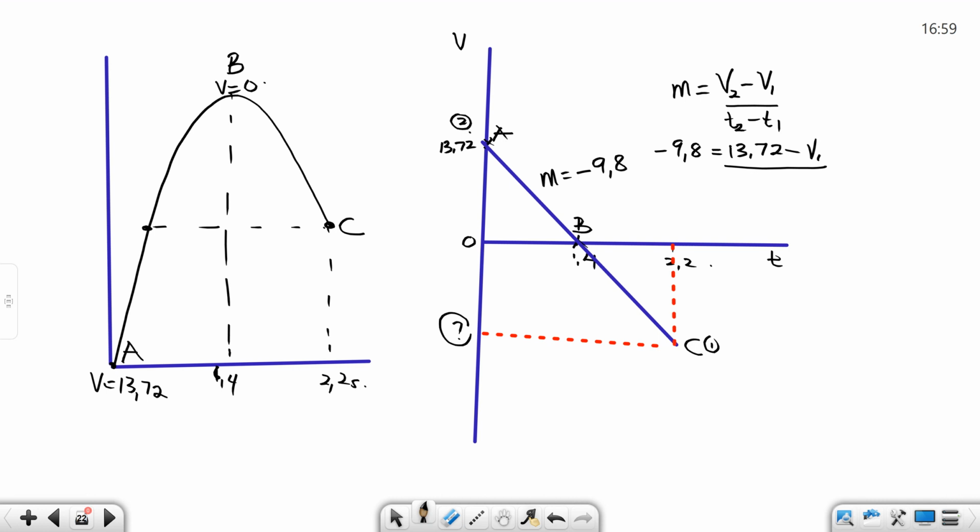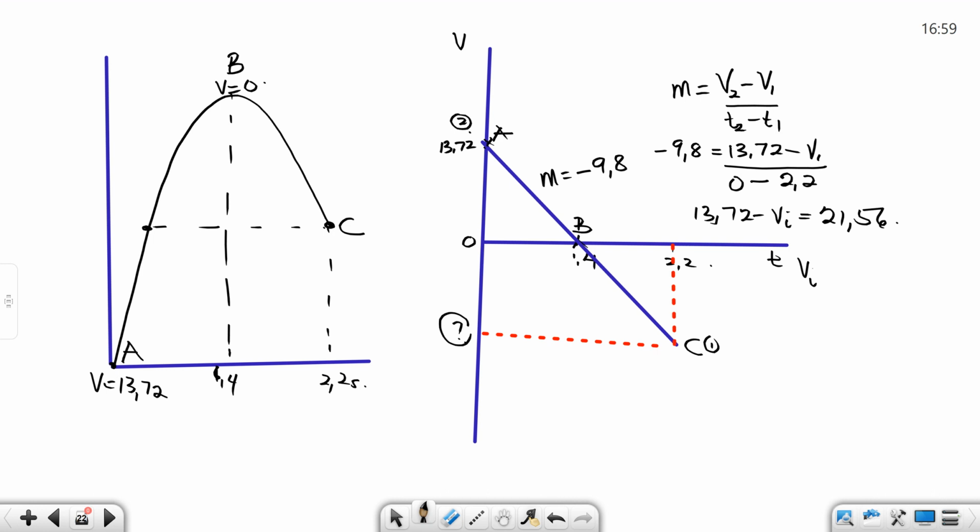So my V2 minus V1, where's X2? 0 minus 2,2. Can we do the maths together? Negative 9,8, let's cross multiply everybody. 13,72 minus V1 equals, what is negative 9,8 times 2,2? 21,56?